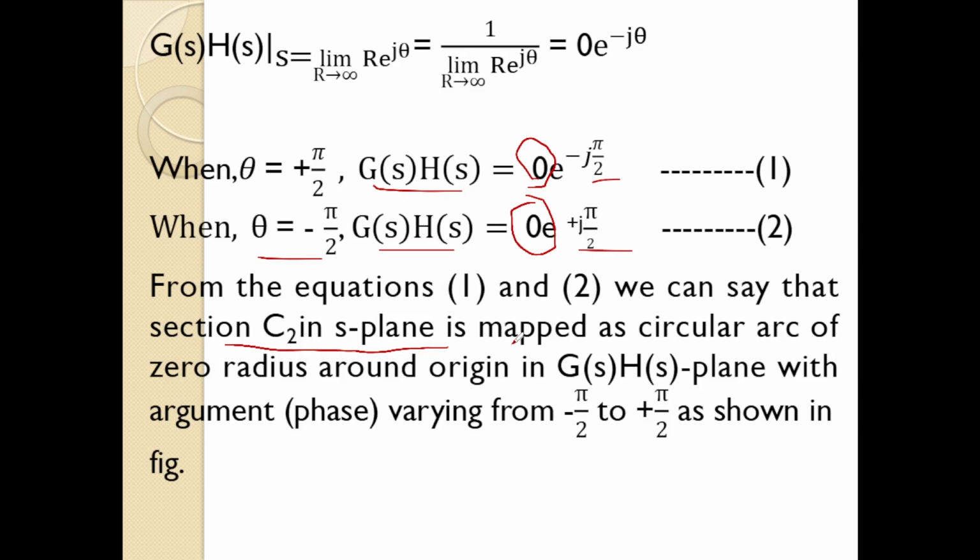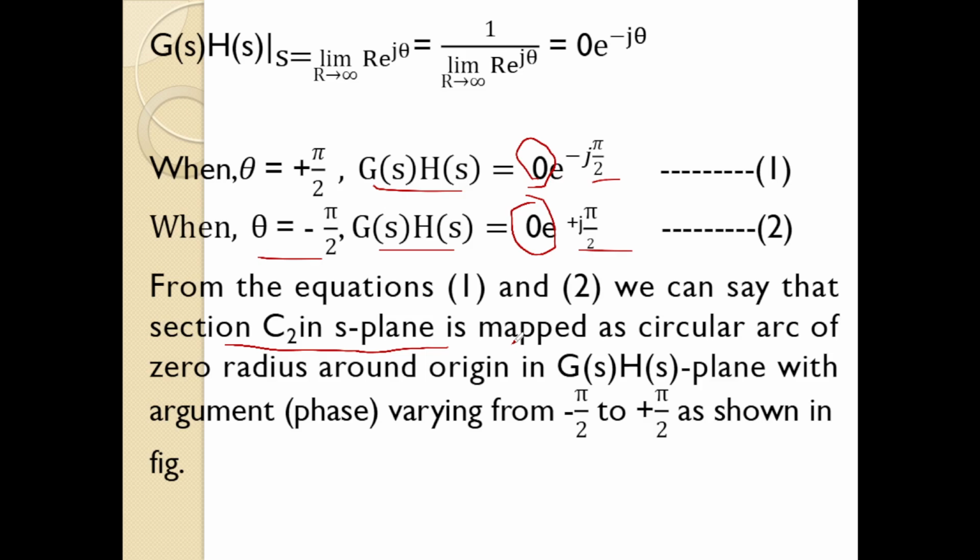Here, if I have not written, I can write minus pi by 2 here, and plus pi by 2 here. You can write like that, but it is not required. So this is the C2 section which is mapped on G of S, H of S plane. So this was our C2 section on S plane. This is the C2 section on G of S, H of S plane.